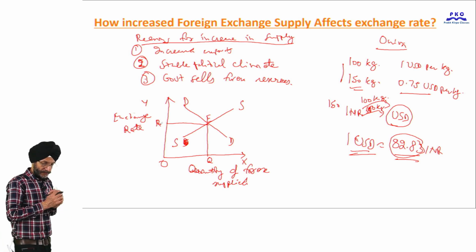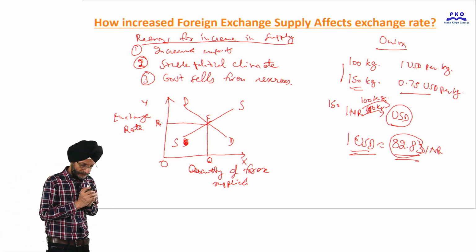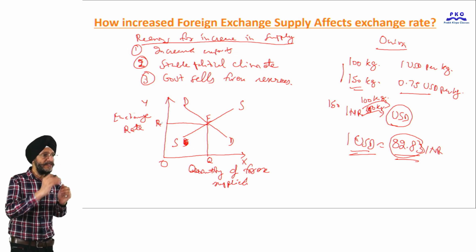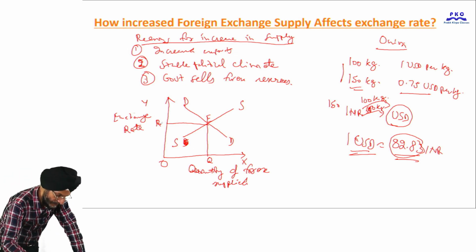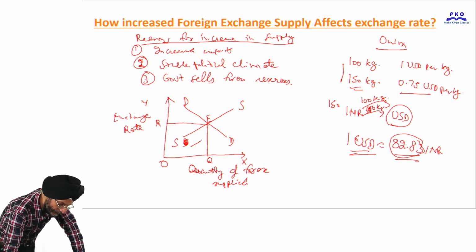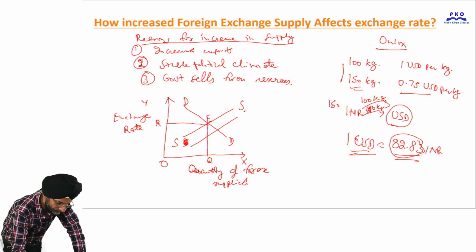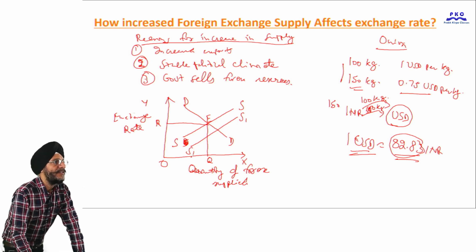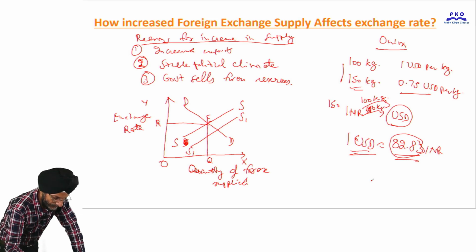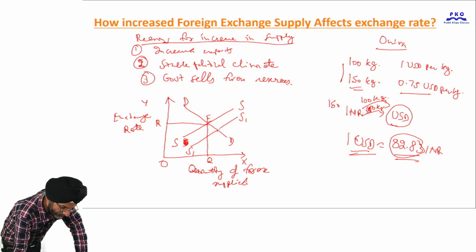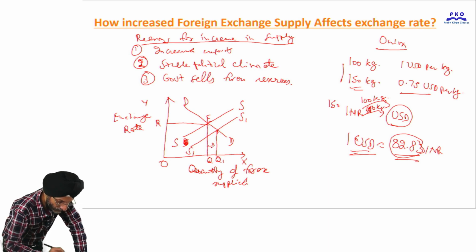So when there is an increase in supply, what happens? When there is an increase in supply, the supply curve shifts to the right and becomes S1 S1. So what happens? Supply has increased from OQ to OQ1.